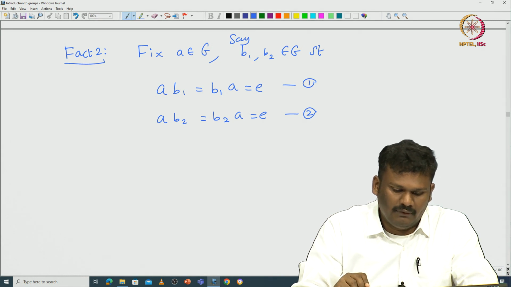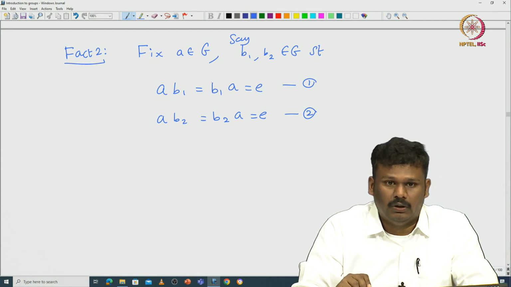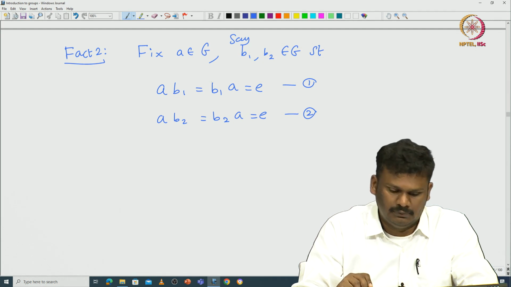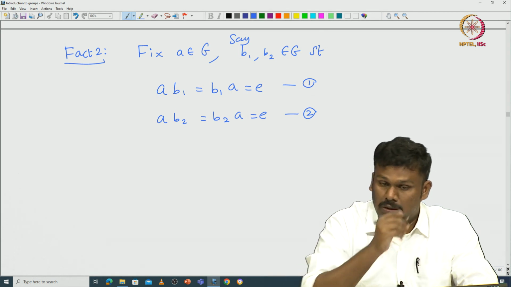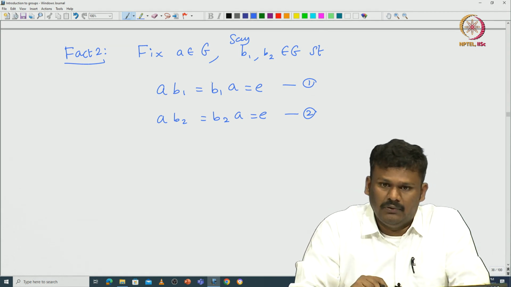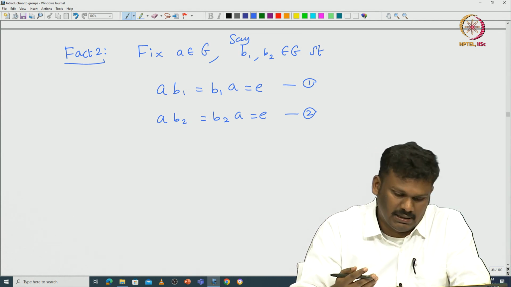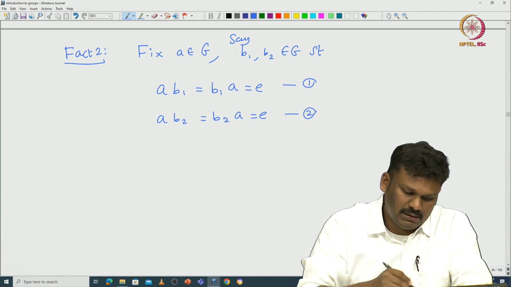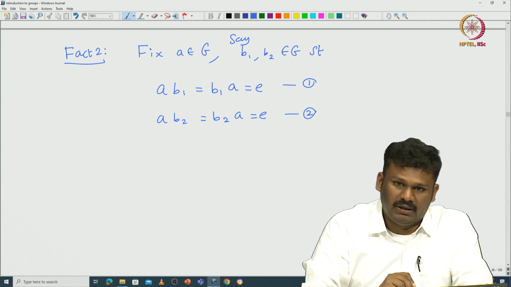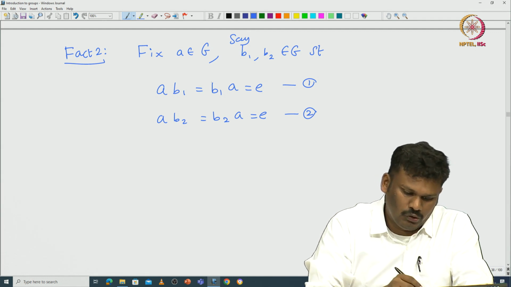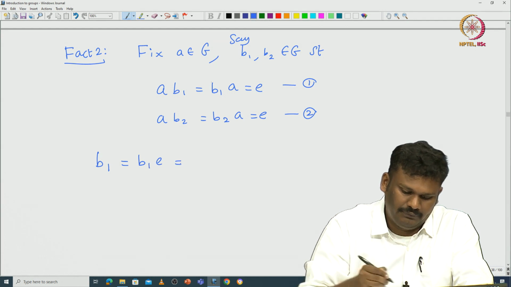Okay. So now what do we want to prove? We want to prove that B1 and B2 are equal. So this is exactly like cancellation. Basically you want to say that if you have an equation like this in a group, you will be able to do cancellation. Okay. So now let us see how one can prove this. We have to use the property of the identity element as well. So you know that B1 is the same as B1 identity.